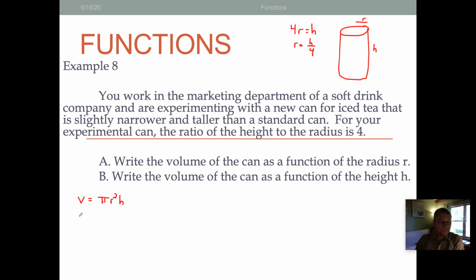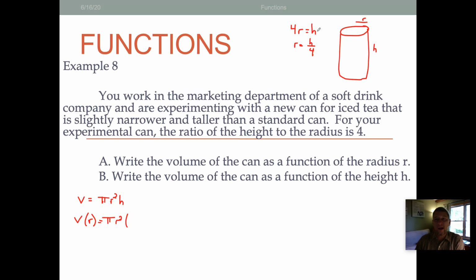Now, if you're asked to write the volume of the can as a function of r, then in this case, we write pi times r squared, and then we have to express h as a function of r.